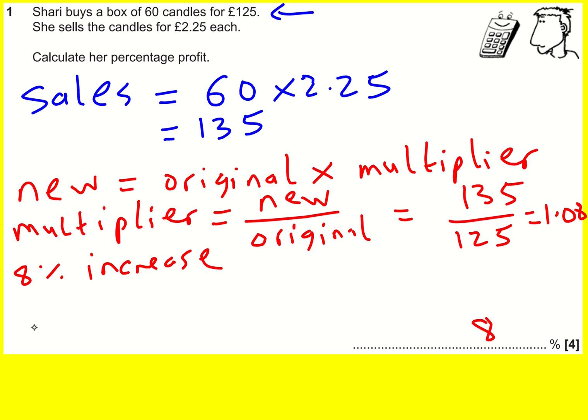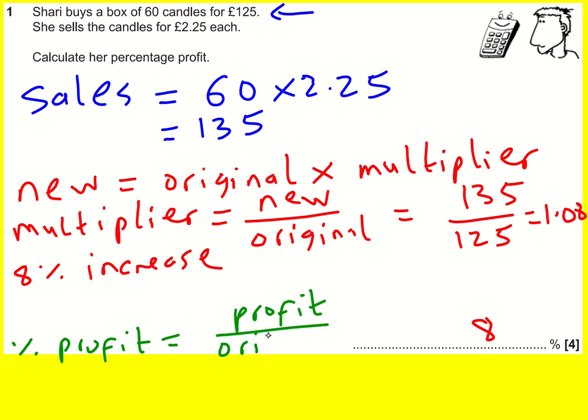The second way is to use the fact that percentage profit equals profit divided by the original times 100.